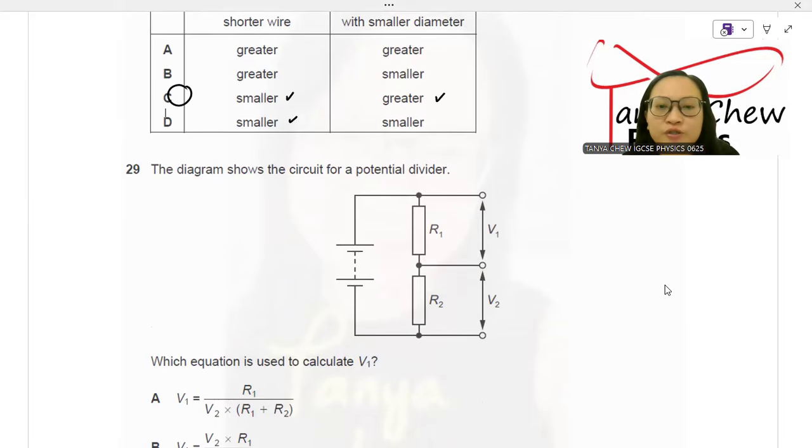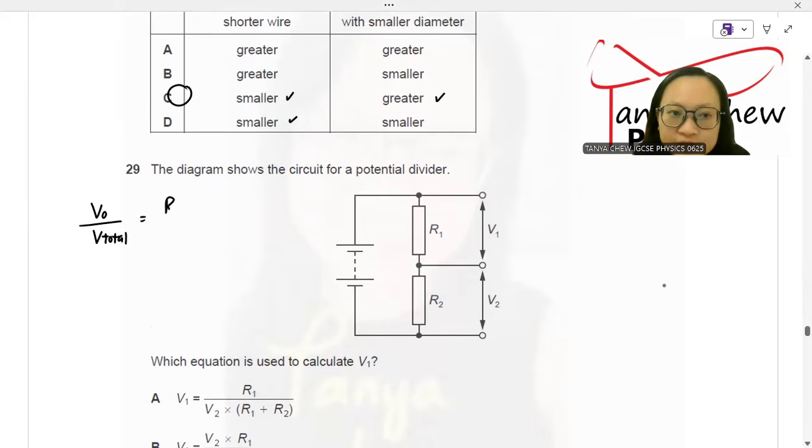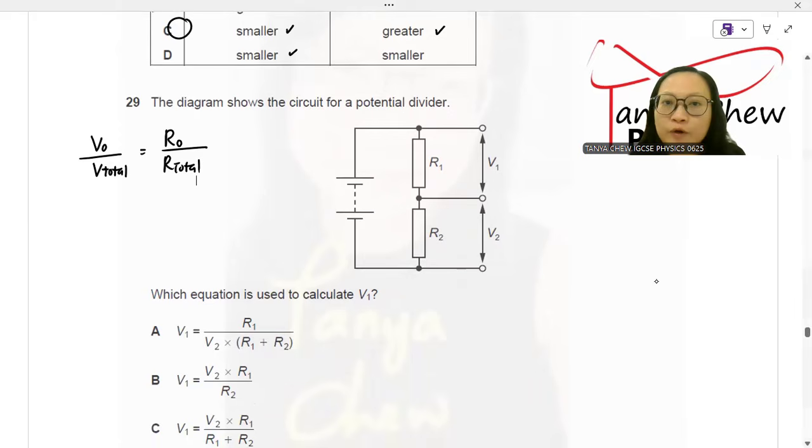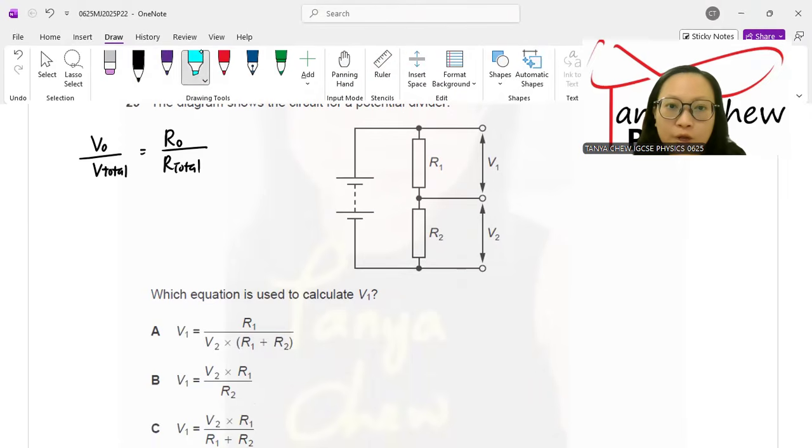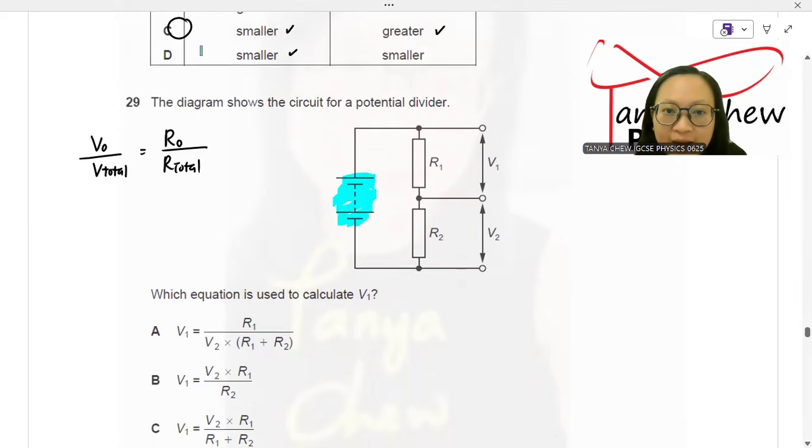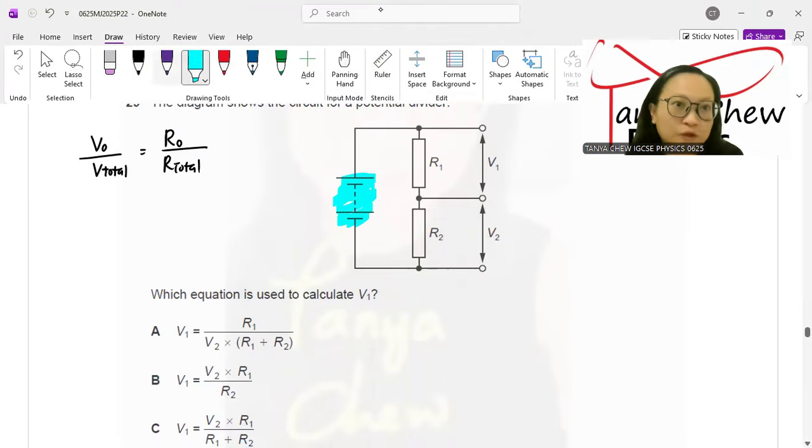Number 29. This diagram shows the circuit of a potential divider. Which equation is used to calculate V1? First of all, the potential divider concept: you should remember the output voltage over the total voltage is equal to the resistance which is connected to the output voltage over the total resistance. Now, I want to find V1, but first you look at the positive and negative terminal of the total voltage.